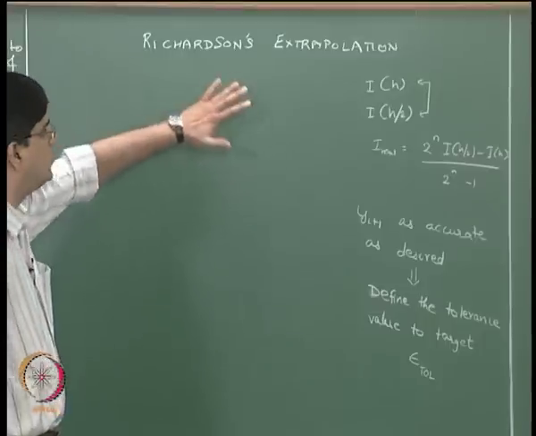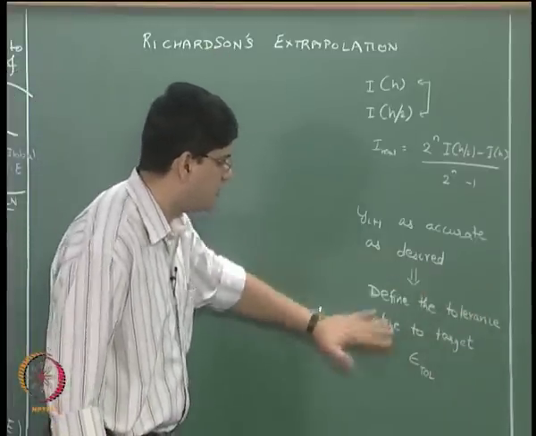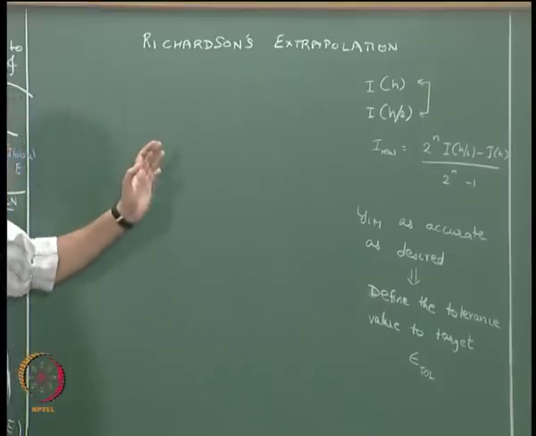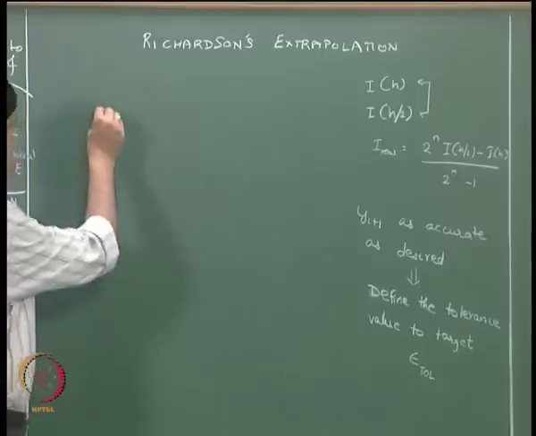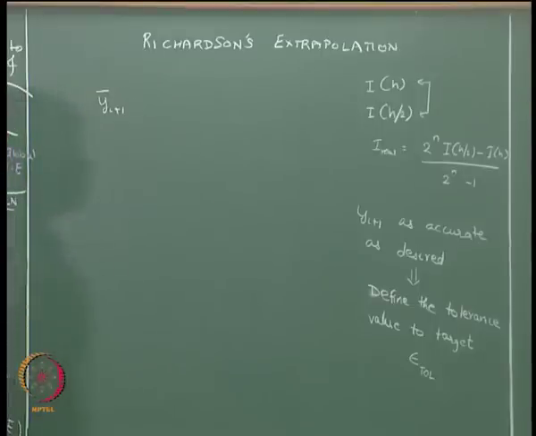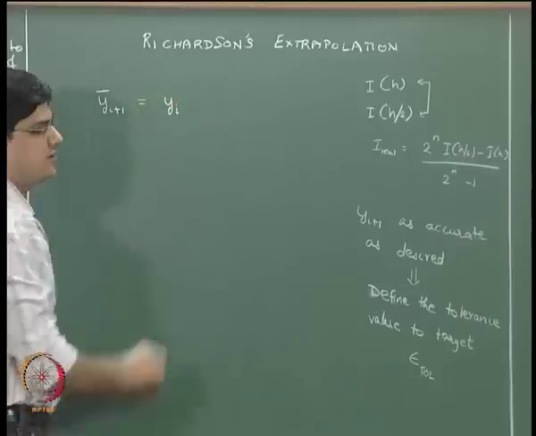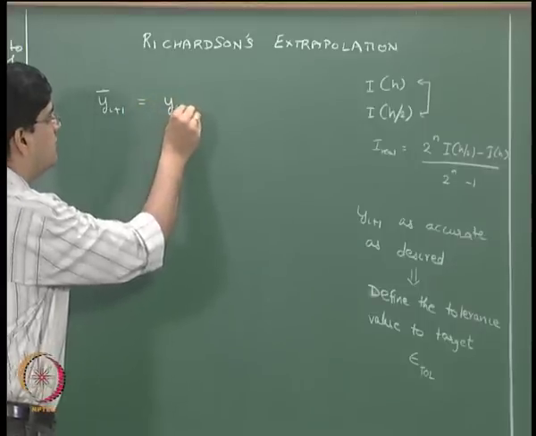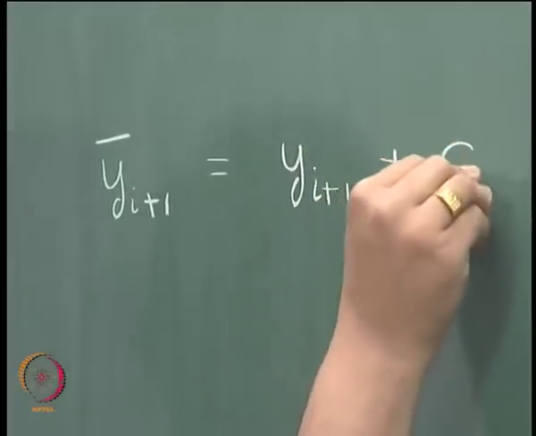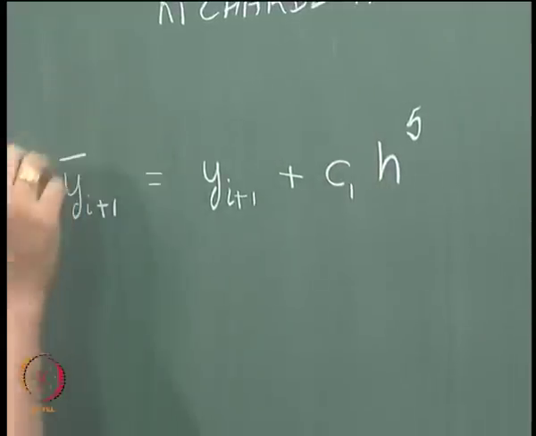Before talking about these tolerance values, we will go over Richardson's extrapolation. The idea is this: the true value yi plus 1 is equal to yi plus 1 computed numerically, plus some constant C1 multiplied by h to the power 5 for the RK4 method.